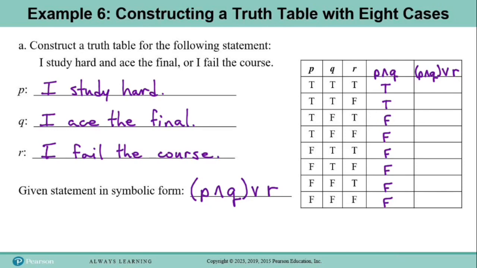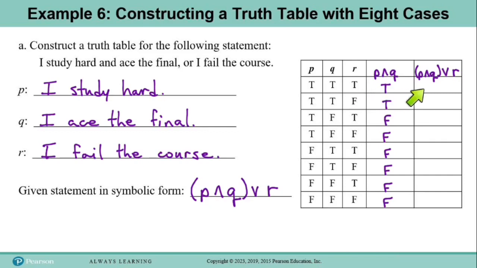Now, when we take those results and do or R, now we're looking at P and Q in parentheses, or R. So here is P and Q, and here is R. Now this time it's an or statement. So this is going to be true whenever one or both of the components are true.